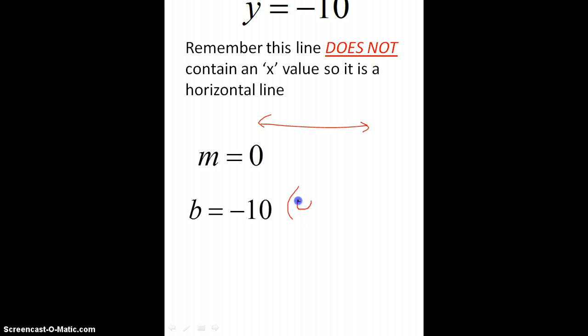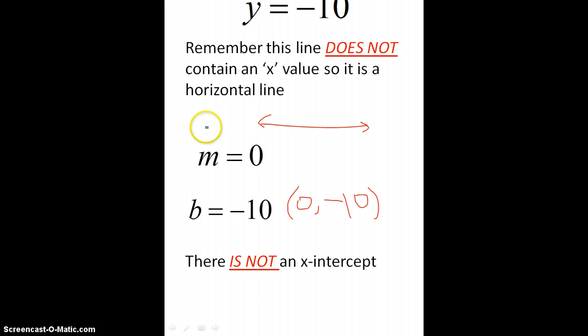So it's going to be 0, negative 10. And because it doesn't have an x value, there is not an x-intercept. So if you have a horizontal line, there is never going to be an x-intercept. So make sure that you know that. That is very important.